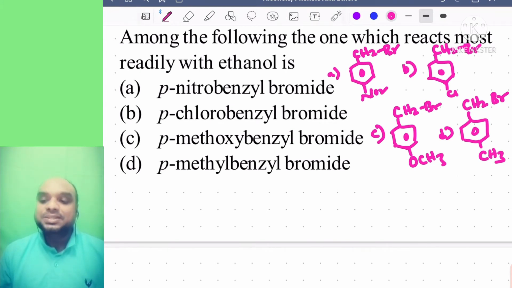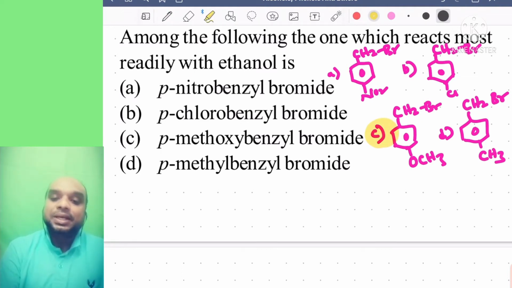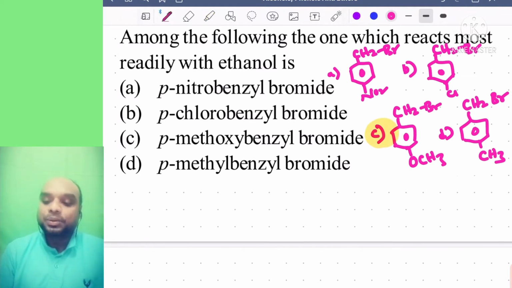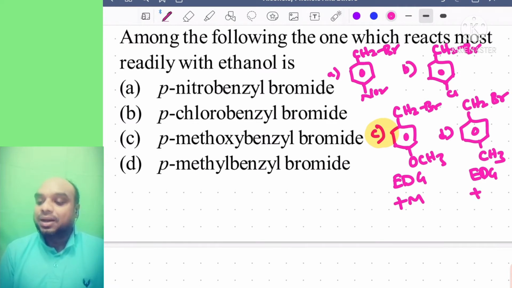Among A, B, C, D, which gives the more stable carbocation? The C option can. Why? Because where an electron donating group is present, the stability of the carbocation increases. OCH3 and CH3 are both electron donating groups, but OCH3 has a plus mesomeric effect and CH3 a plus I effect or hyperconjugation.